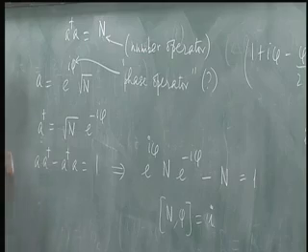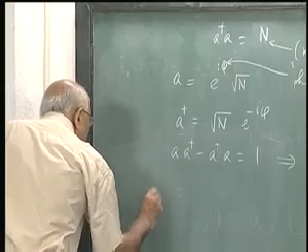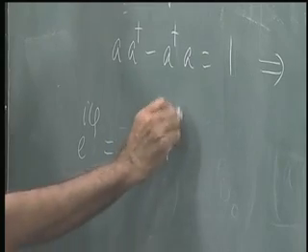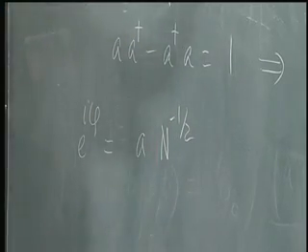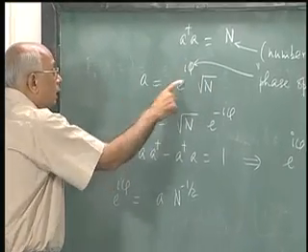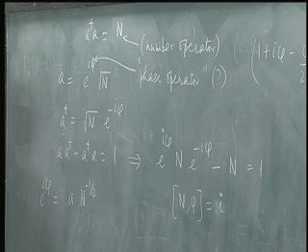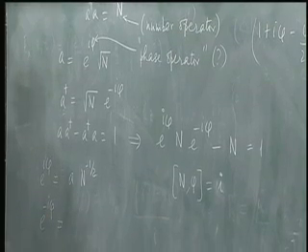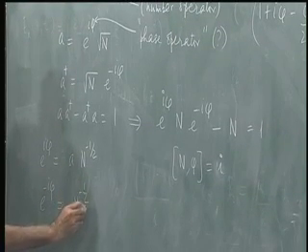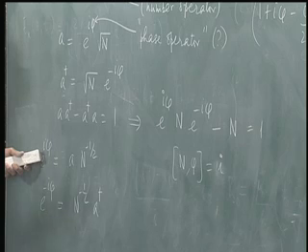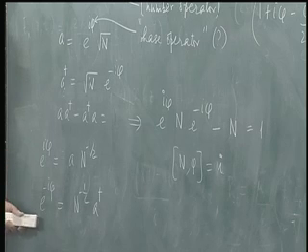Look at what happens. e to the i phi equal to a n to the minus half. If I operate with n to the minus half on the right hand side, I get e to the i phi is a n to the minus half, and if I do the same thing here, e to the minus i phi equal to n to the minus half a dagger. If this is an operator U, a unitary operator, I expect this to be U dagger or U inverse.